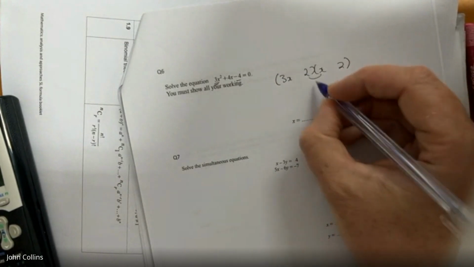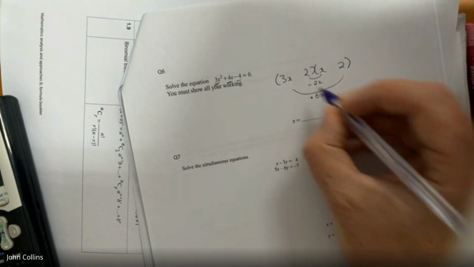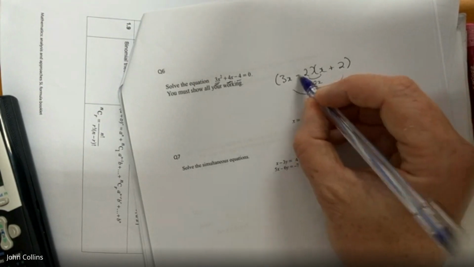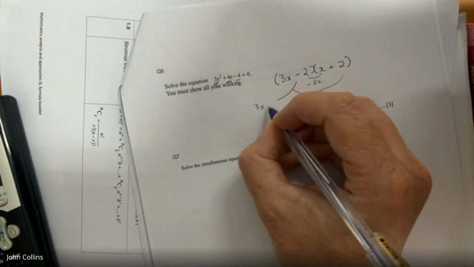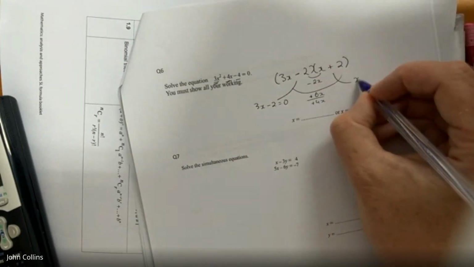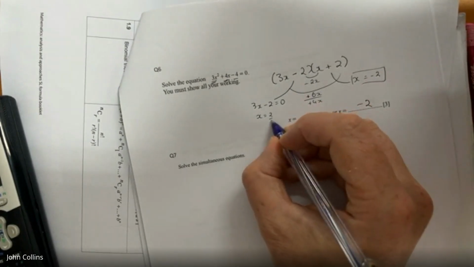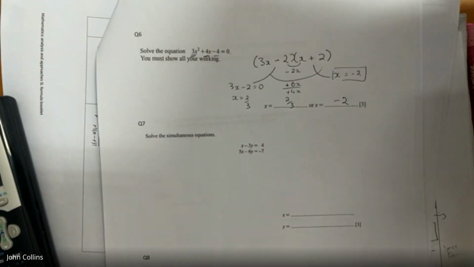The way I check it is I check how I make this middle term of plus 4x. If this is plus and this is minus, I make plus 4x in the middle. So this is plus, this is minus. Is this my answer? No, I got to let them both equal to 0. I think this gives -2 when it equals 0. This one gives 2 over 3 when it equals 0. So I may have done that quickly, but you need to practice your quadratics.